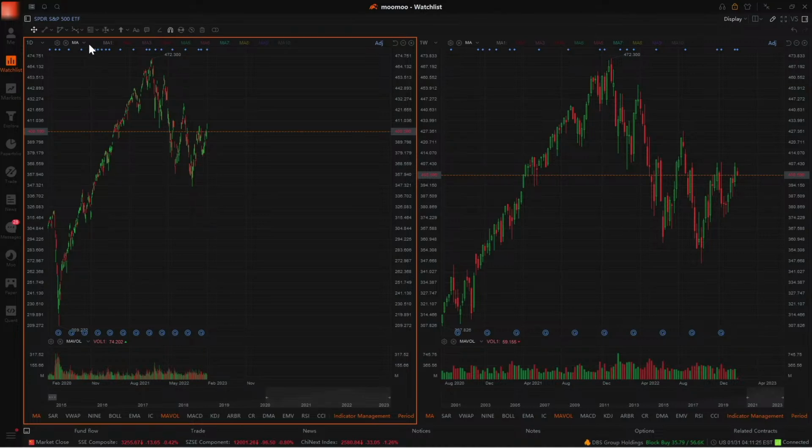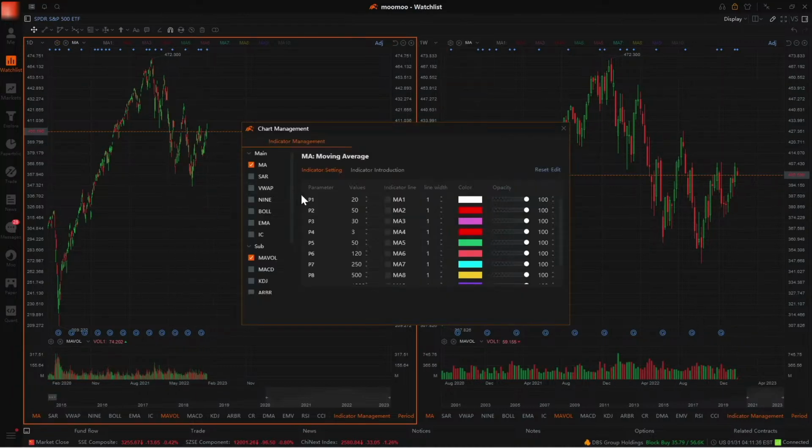You may wonder how come I cannot see any lines on my chart? Click on these setting icons, because I chose to hide these lines when I started this webinar. You can see there are P1 until P10 over here, which means this desktop app can support up to 10 moving averages on the chart itself.